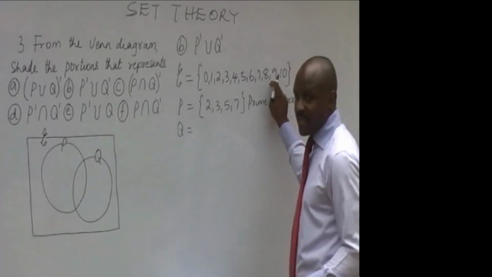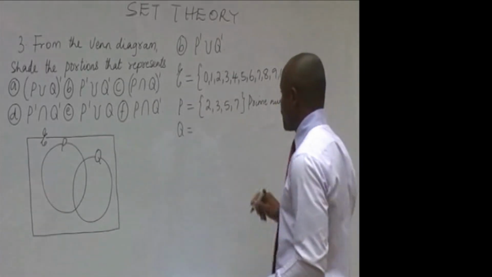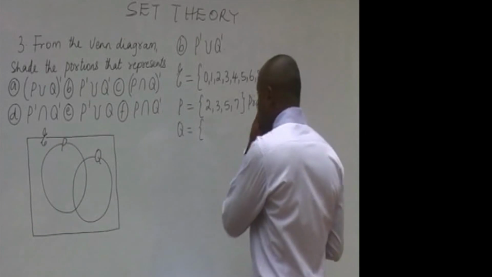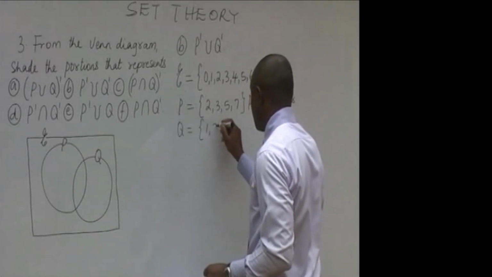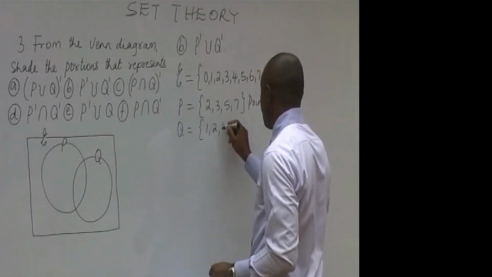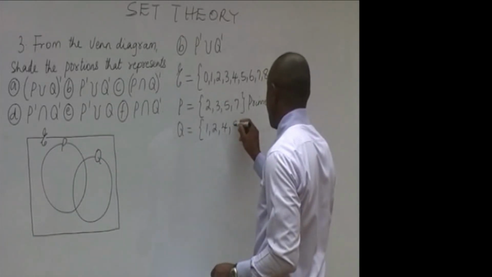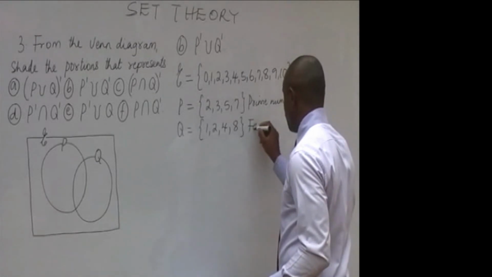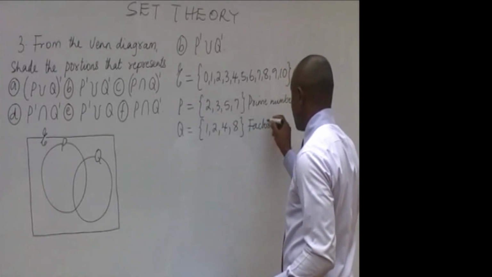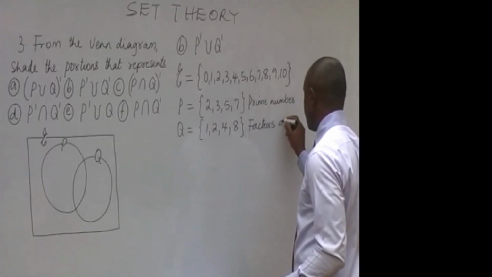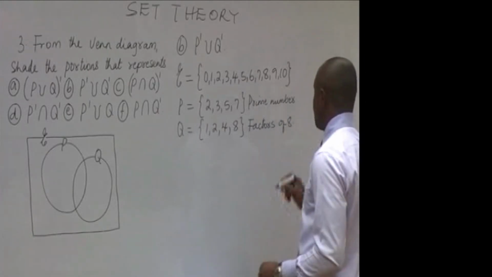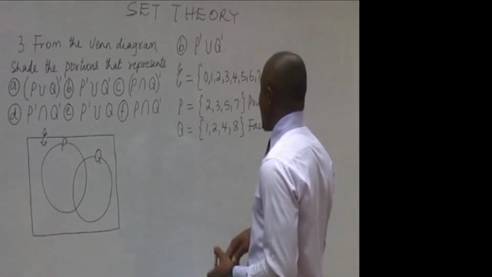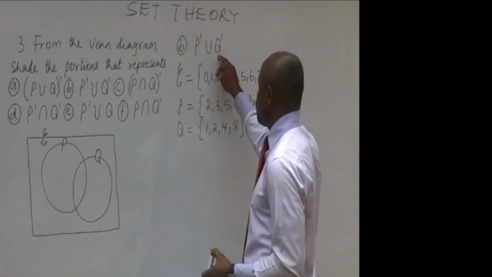Then factors of 8 are 1, 2, 4, and 8. So these are factors of 8, those numbers that can divide 8 without a remainder. Now, we are required to shade P prime union Q prime.